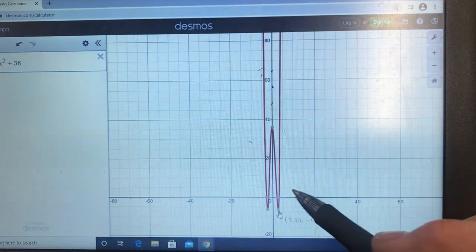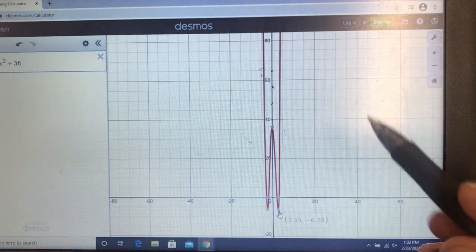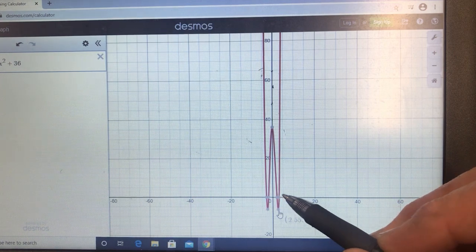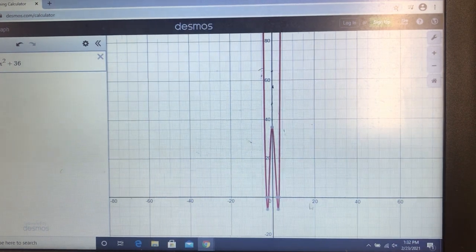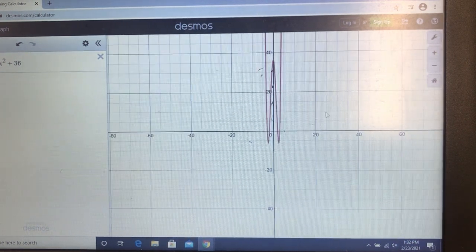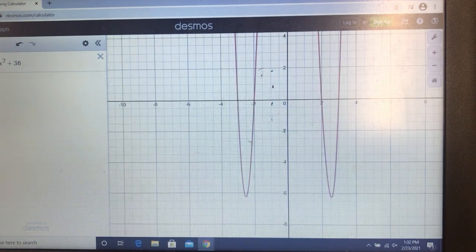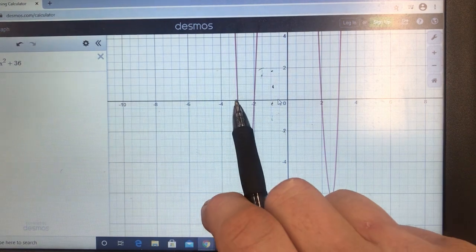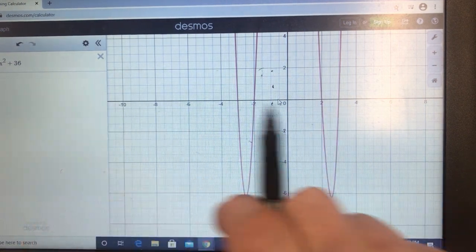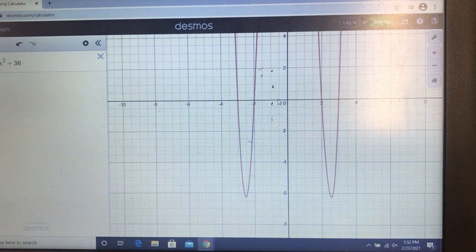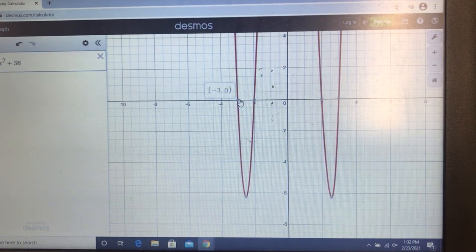Now, what about the zeros? All right, there's 4 zeros it looks like. Now, I might need to zoom it back up here. There you go. You see 1, 2, 3, 4. The zeros are where it's on the x-axis. So if you just take your mouse over there and click on it, negative 3, 0.